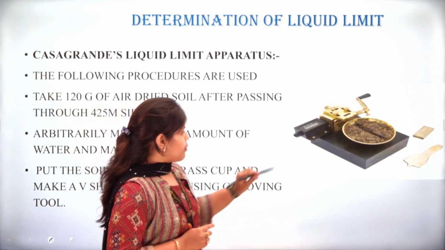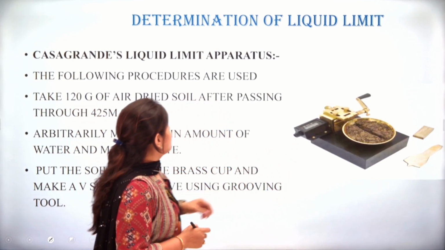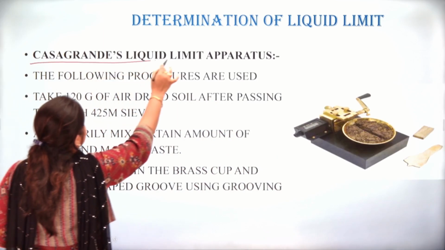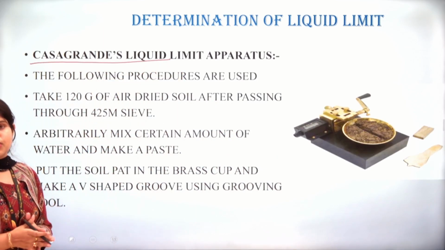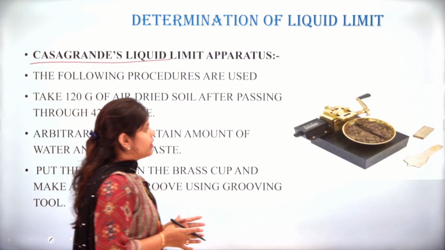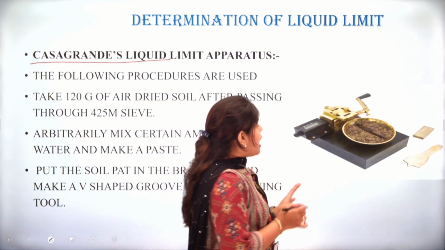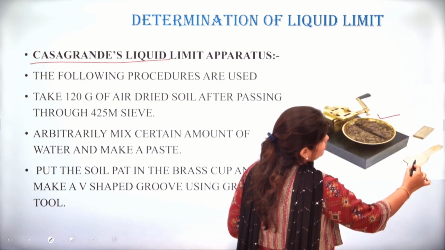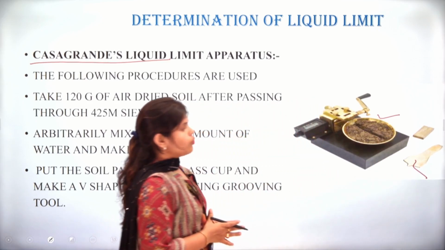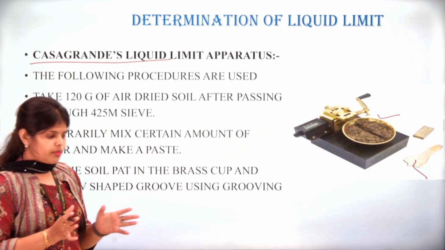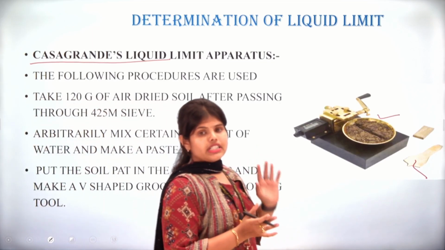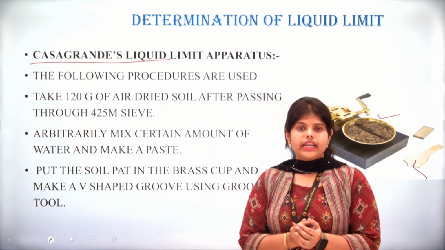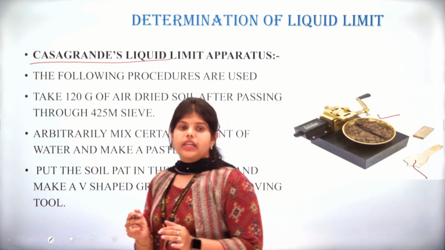So, here is the apparatus. This apparatus is termed Casagrande's liquid limit apparatus. In this apparatus, we need the soil, and here we have the plate and the groove. What we will do is take some soil and oven dry it.